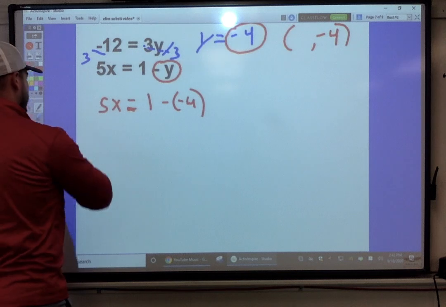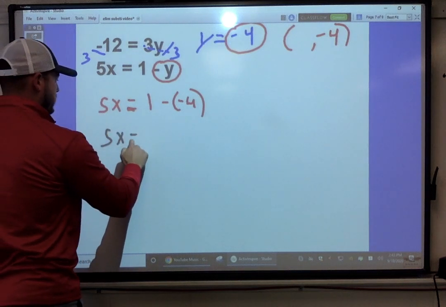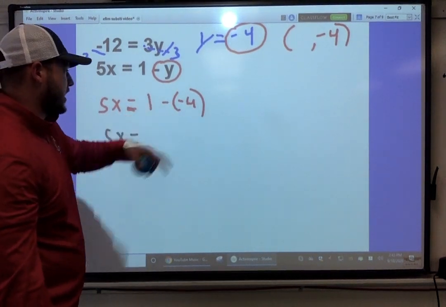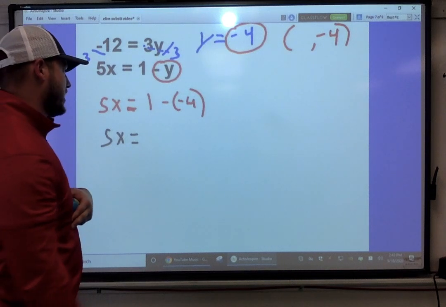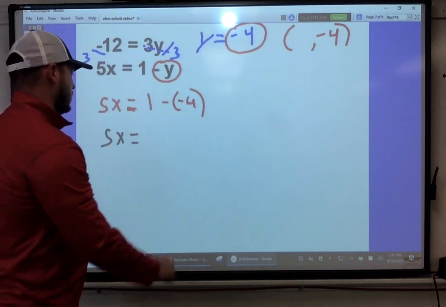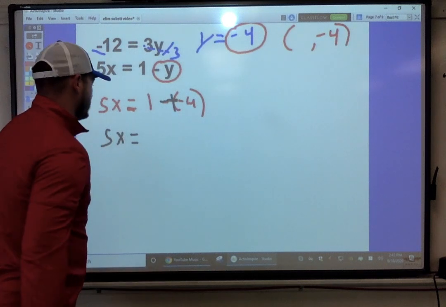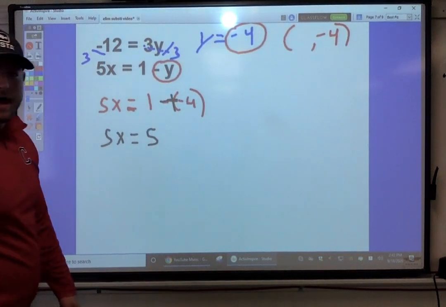So let's clean it up a little bit. Now it's 5x equals, well, a minus negative 4, that's technically a plus 4. So we know that's actually a 1 plus a 4, which is 5.